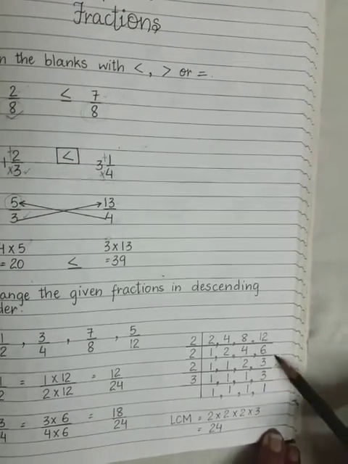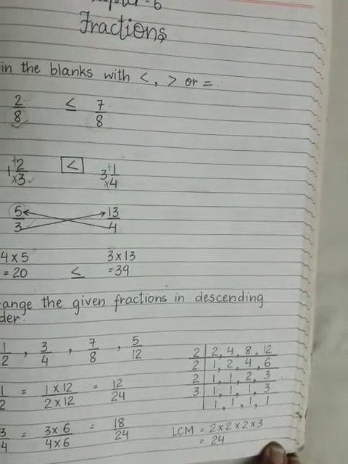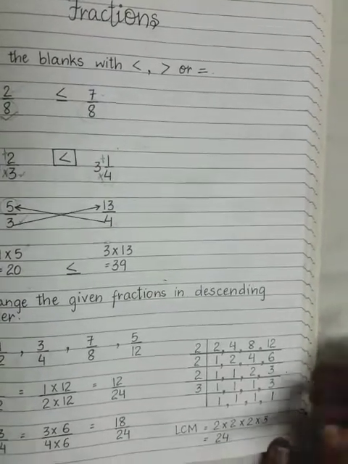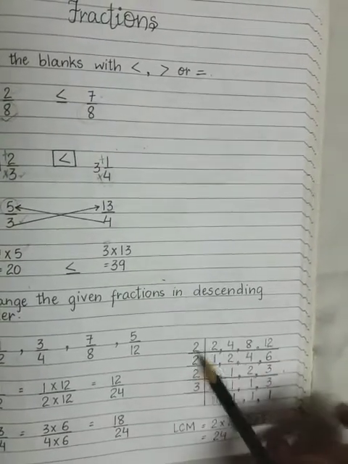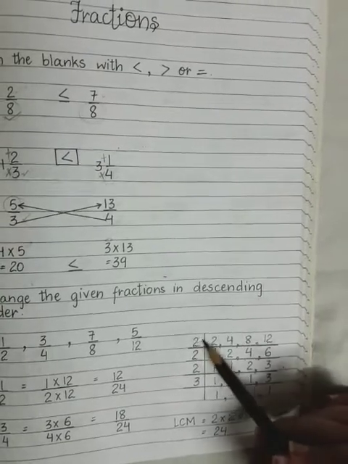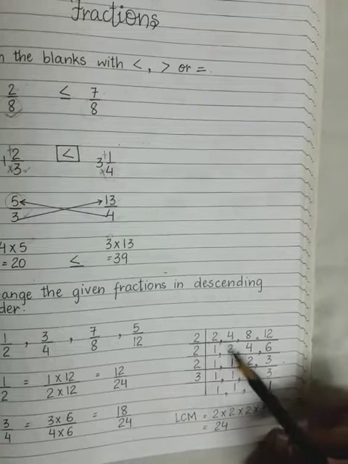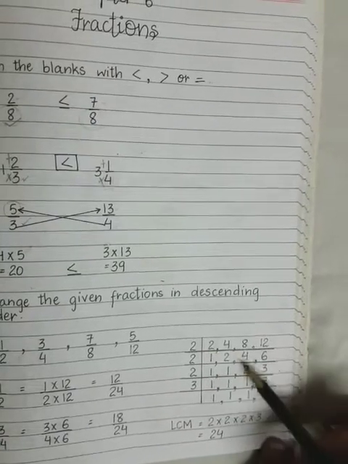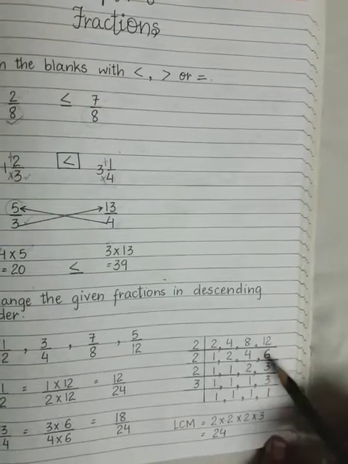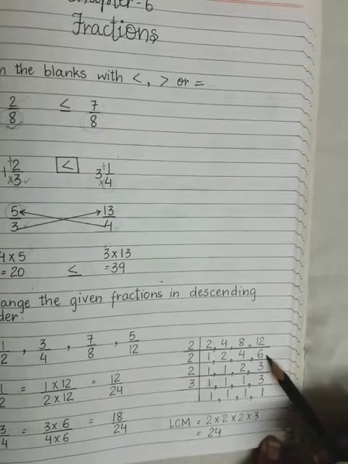So, the smallest prime number here which divides all the numbers is 2. So, we write 2 here. 2 divided by 2 is 1, 4 divided by 2 is 2, 8 divided by 2 is 4, 12 divided by 2 is 6.